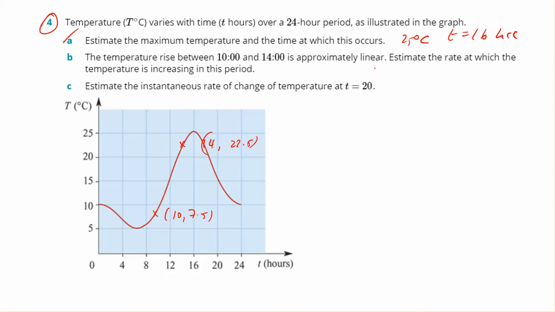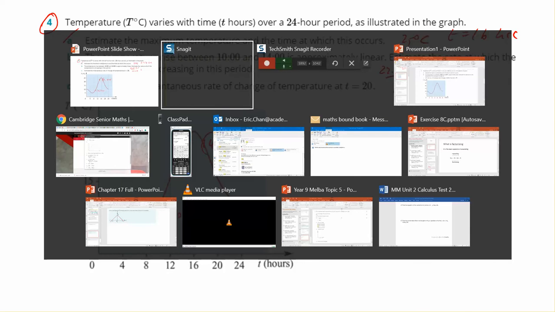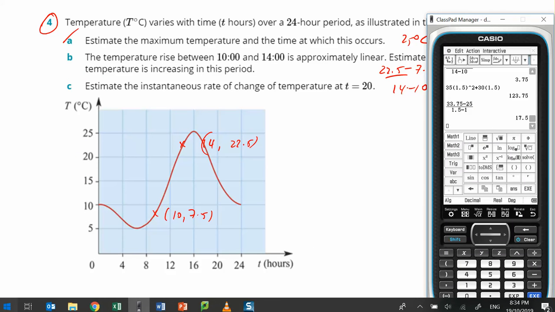So y2 minus y1, 22.5 minus 7.5, divided by x2 minus x1, 14 minus 10. So work that out: 22.5 minus 7.5 over 14 minus 10.